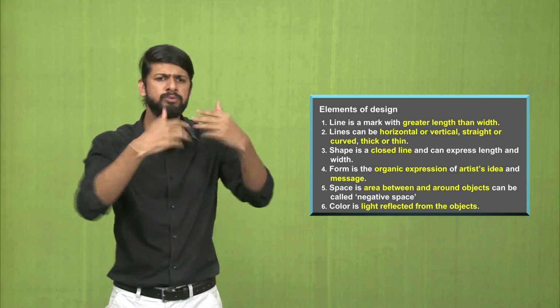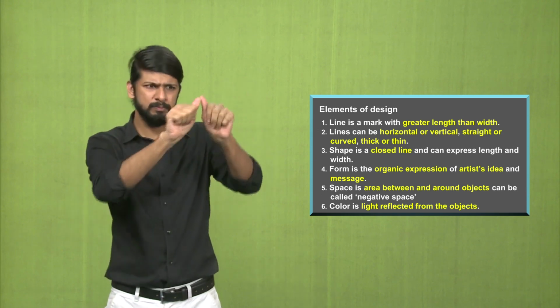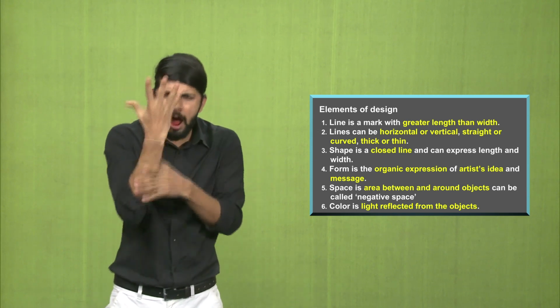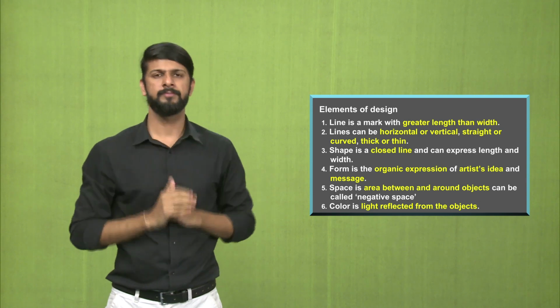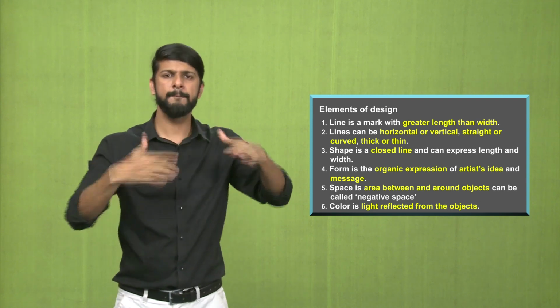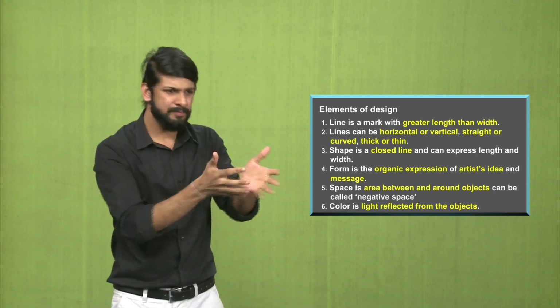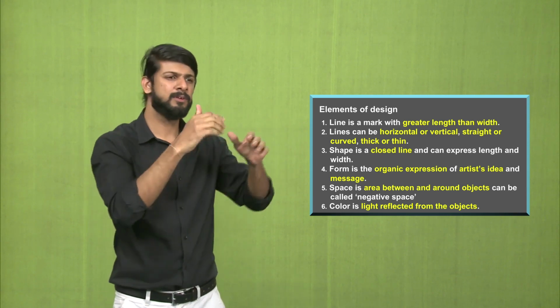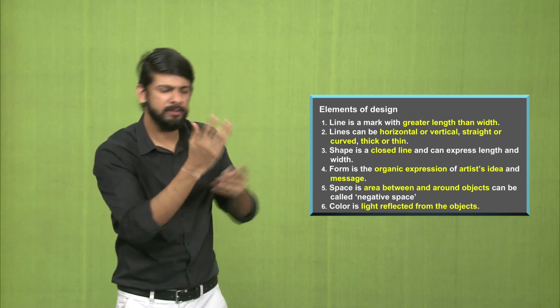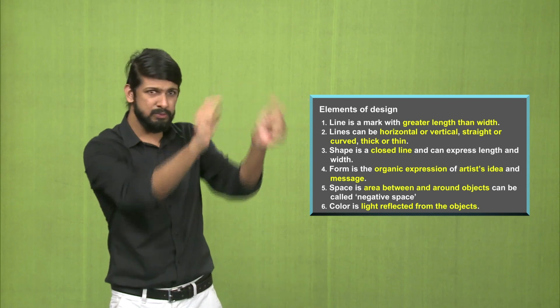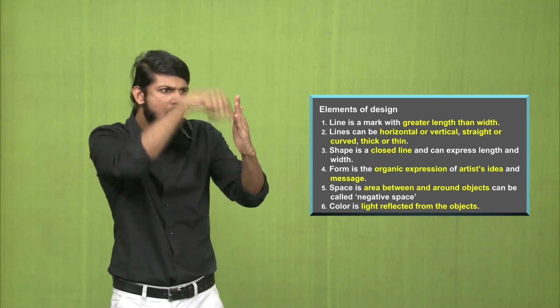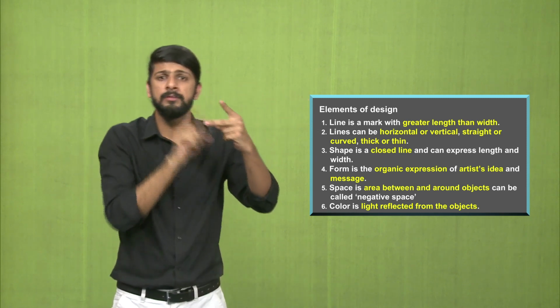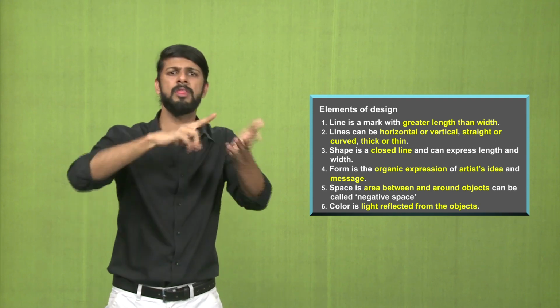Next is form. Form is the organic expression of the artist's idea and the message. For example, still life, you have a jar, you have fruits and other things. There would be light and the play of shadow.